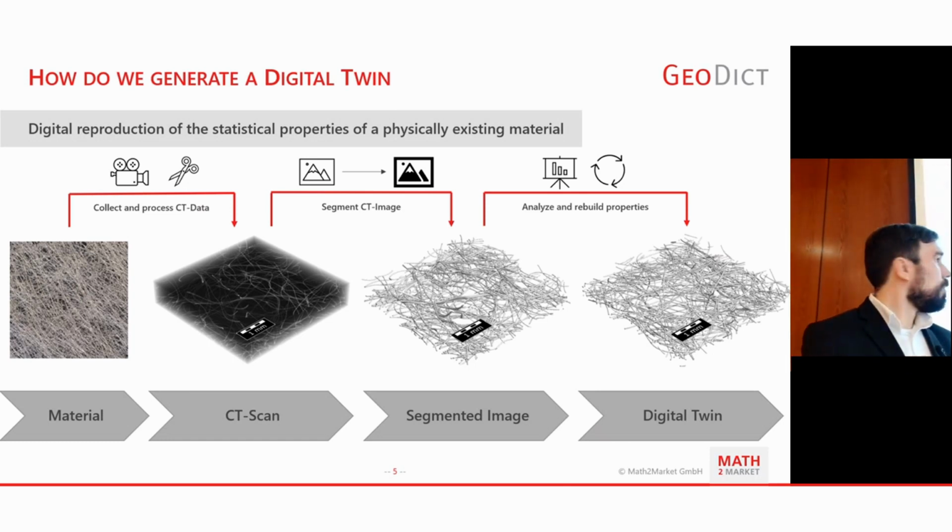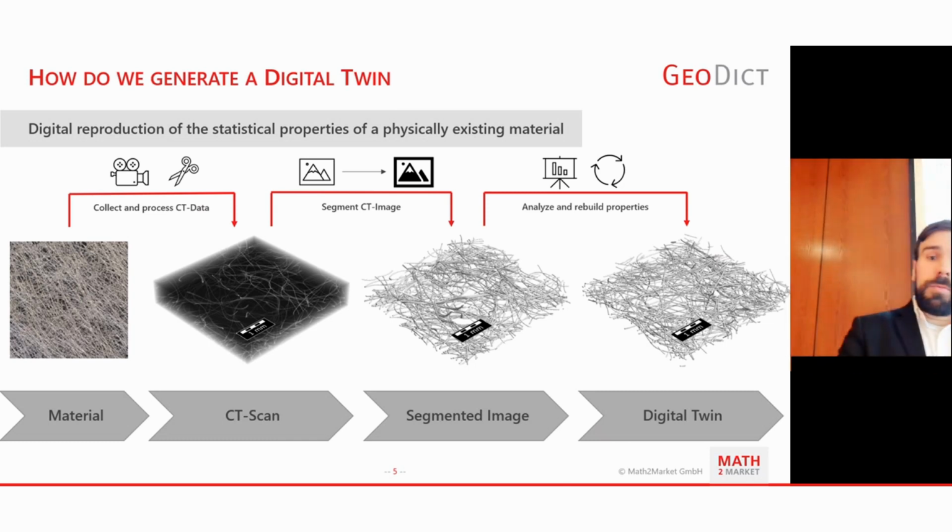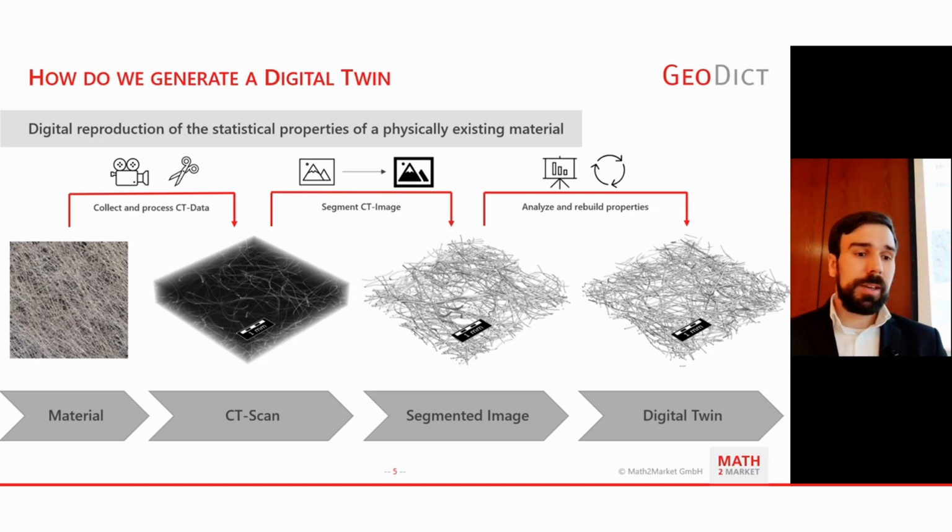And we get something like this here, where we have our volume, and then we start with the image processing inside of Geodict. We import it, we maybe align it with the XY axis. We create a segmentation. That part is really important, and we'll talk a bit more about that later. And then we can actually start to analyze the material and obtain the geometrical properties that we want to maybe modify later on.